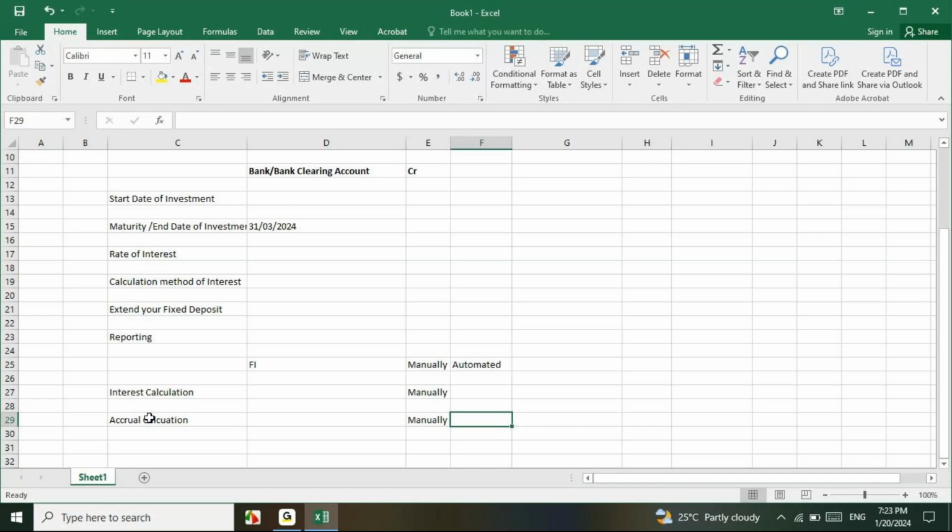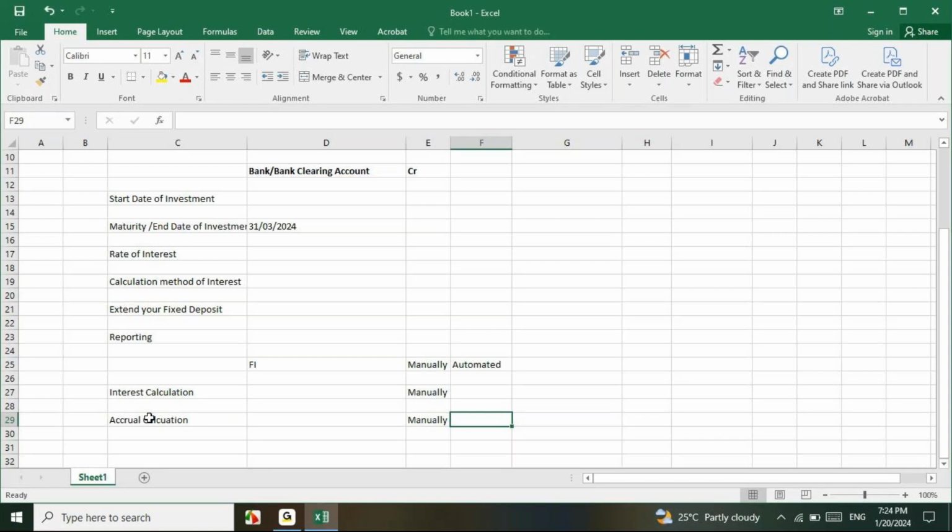Interest may be received in the month of March, but we are calculating interest on a month-end basis. Why is it so? Let's say on 31st March 2024, you receive 1 lakh of interest. This entire 1 lakh will go to your P&L account, and your P&L will shoot up by 1 lakh profit. But actually that is not the case.